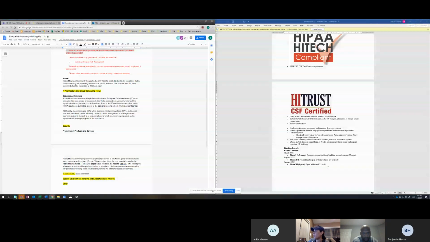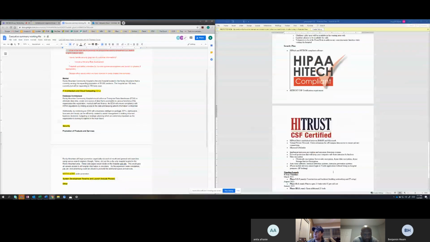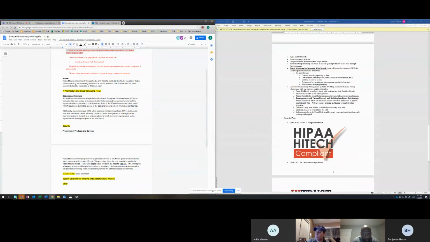And there were a couple things that she added that I don't think we'd thought of. So if someone wants to pick up this, like they did stuff on mobile technology, which I didn't really think about. So we talk about the current IT architecture, and what we can pull out of the databases and how secure everything has to be.